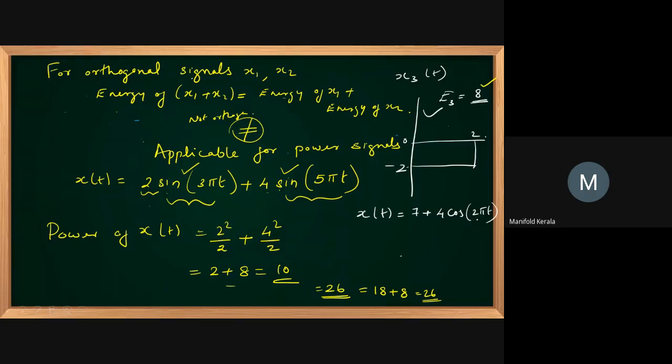You can answer from the fundamental relation or using the expression for power, but it will take a lot of time. But you know the power of 4 cos 2 pi t is 4 square by 2, correct? Which is equal to 8. Am I right? Now, what is the power of the 7?